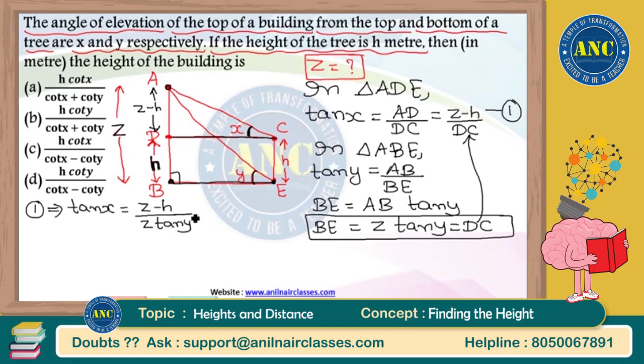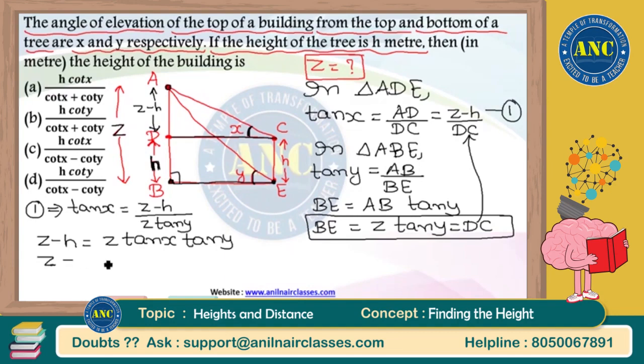Now, if I simplify further, can I write it like this? Z minus H is equal to Z times tan x into tan Y. That means, what am I finding? I am finding the Z value itself.